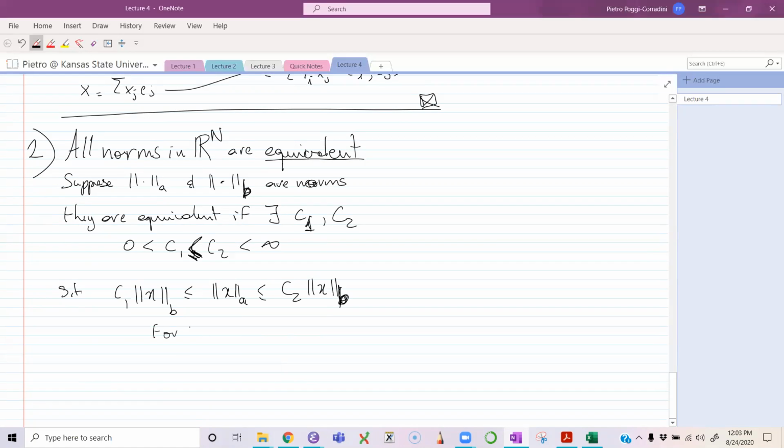This should be true for every vector x. Okay, so that's what equivalent means.